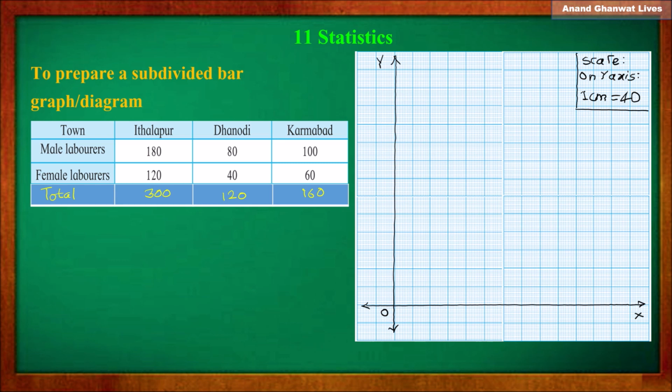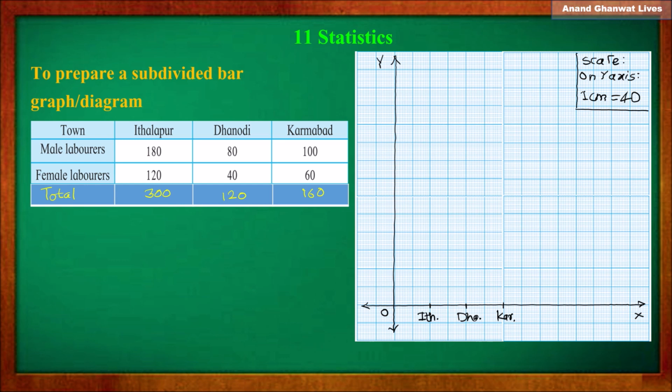Okay. Now on the x-axis, Ithalapur, then next Dhanodi, and then next Karmabad. Okay.